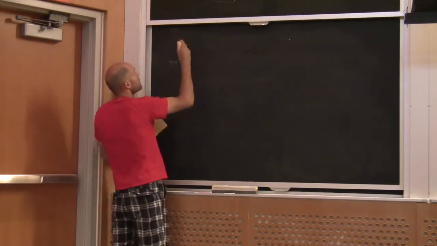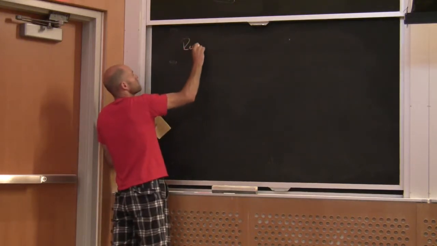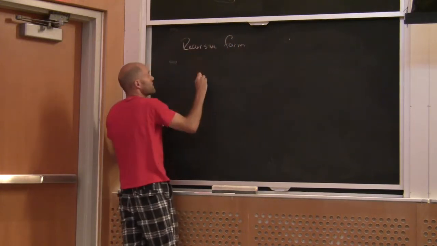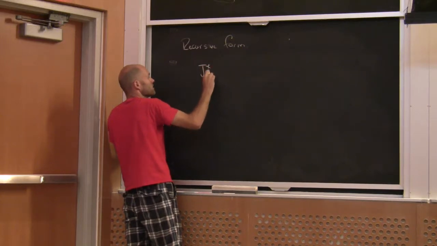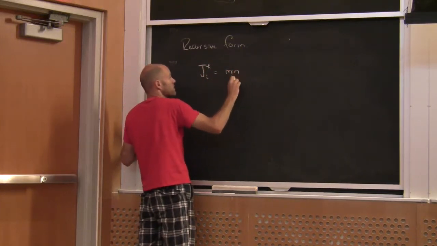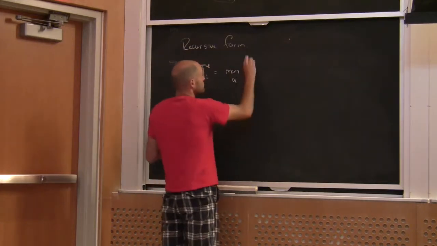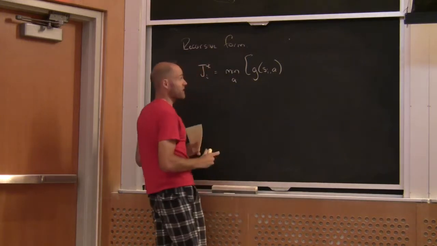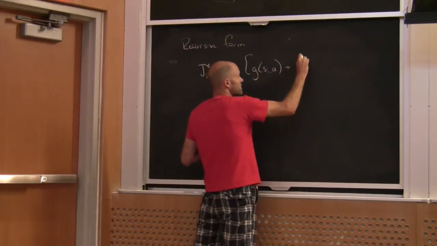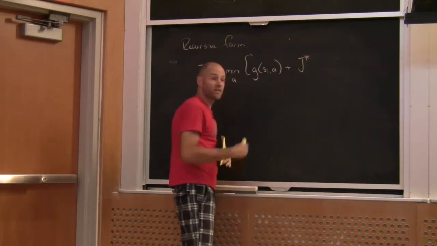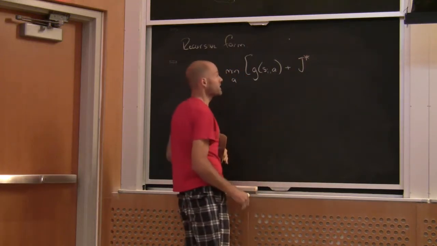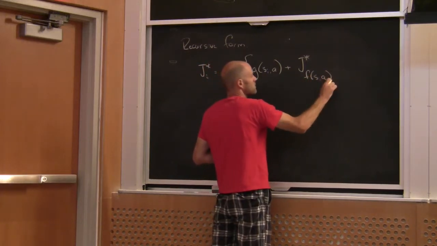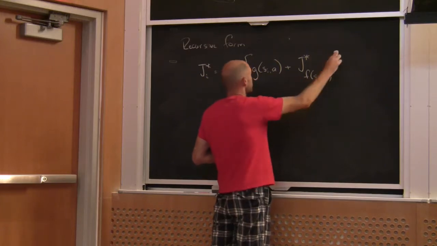I can write the same thing by saying J star of I is the min over just the current A of the one-step cost plus the cost to go given wherever I landed. I'm going to write wherever we landed as being in that next state.